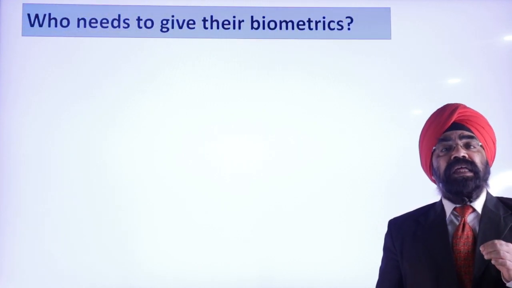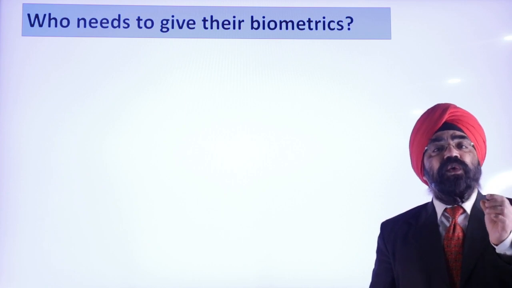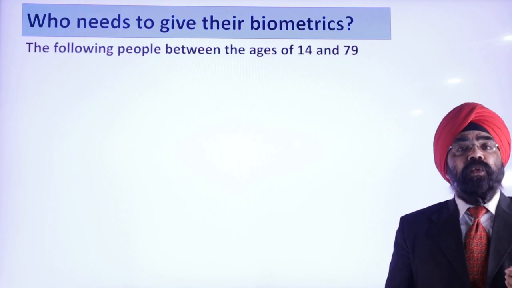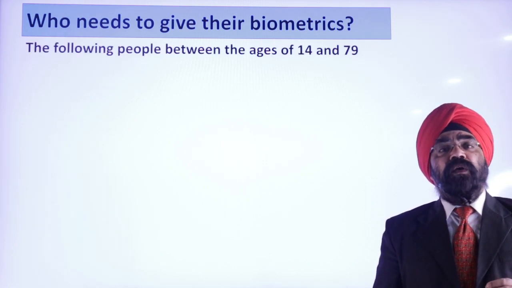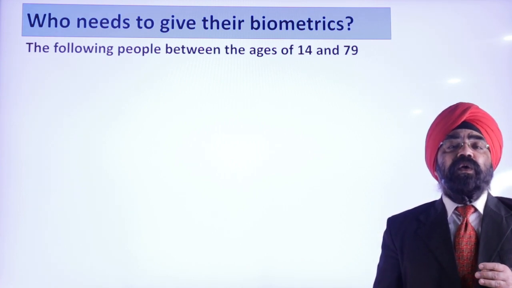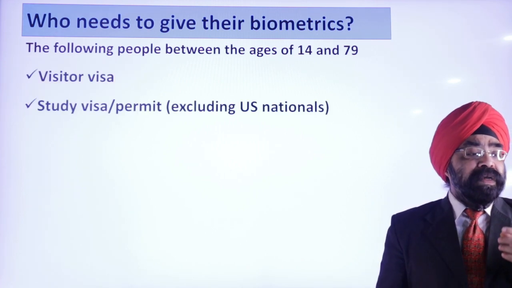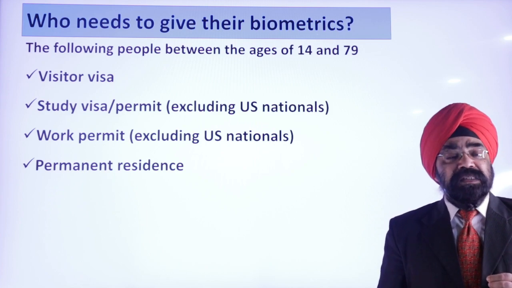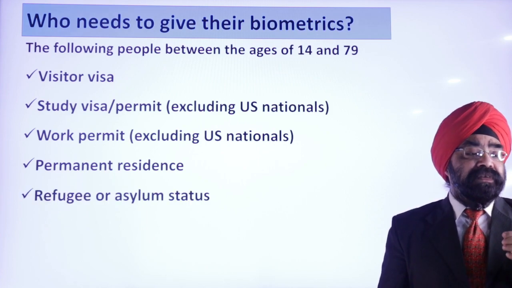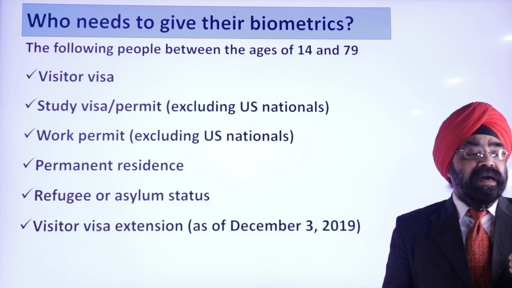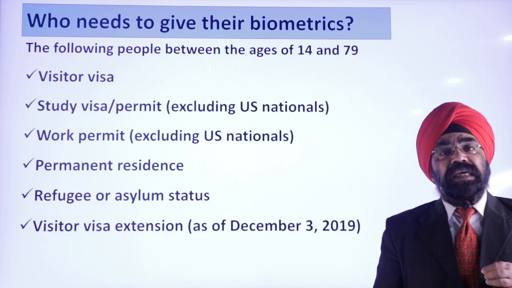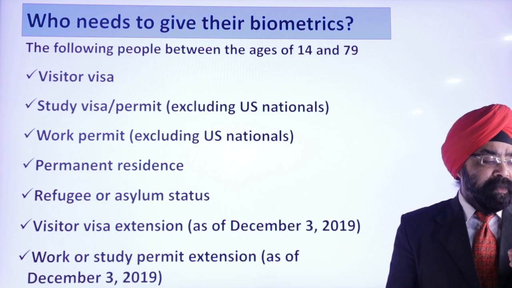The short answer is that persons between the ages of 14 and 79 need to go for biometrics, whether they are coming on a visitor visa, a student visa, a work permit, on a permanent residence basis, or they are refugee claimants, or they are extending their visitor visa application, or extending their work permit or study permit. So in almost all cases, you need to go for biometrics.